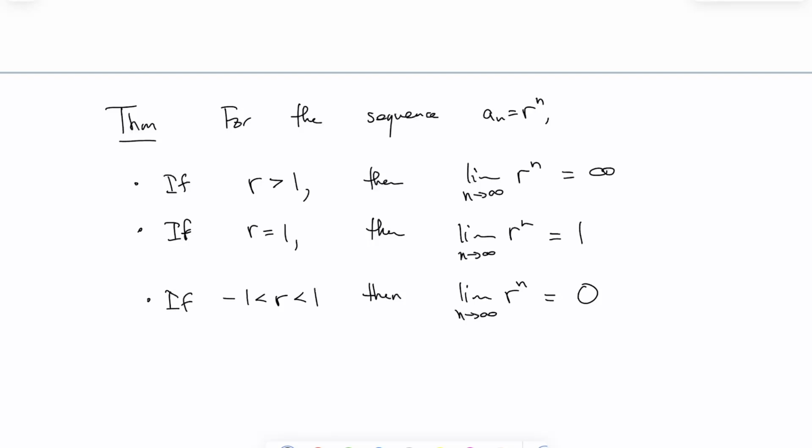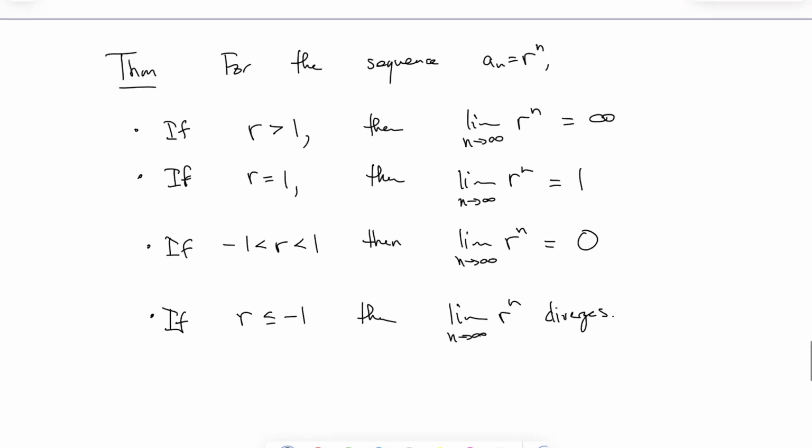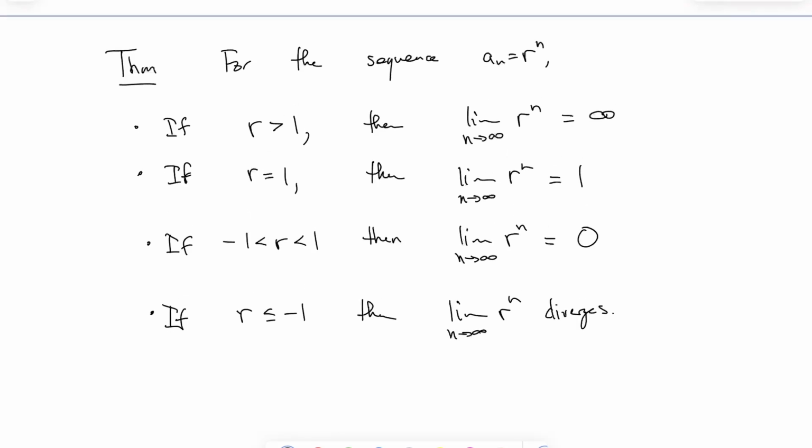And then finally, the last case, if r is less than or equal to -1, then it diverges. All right.